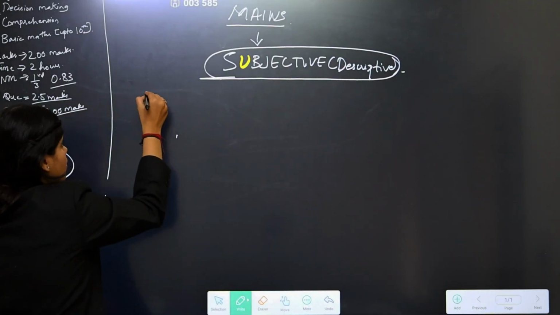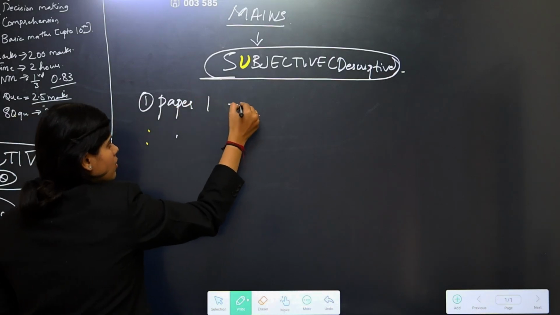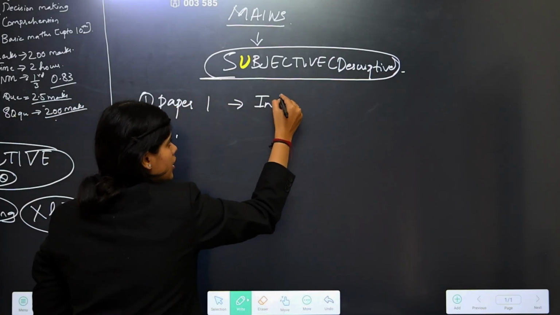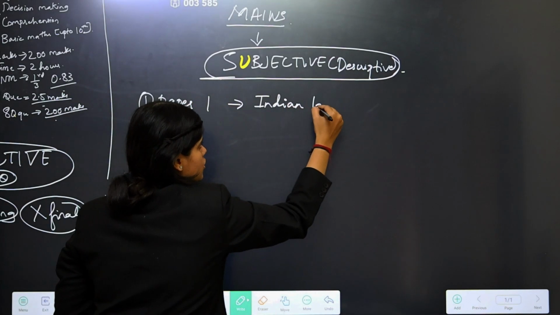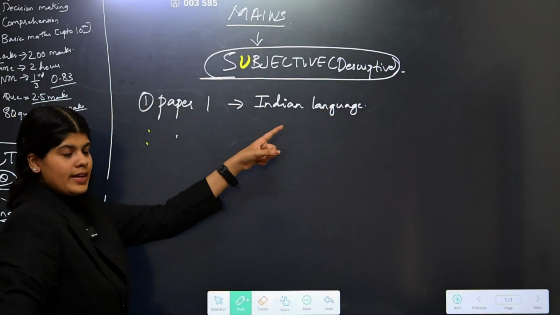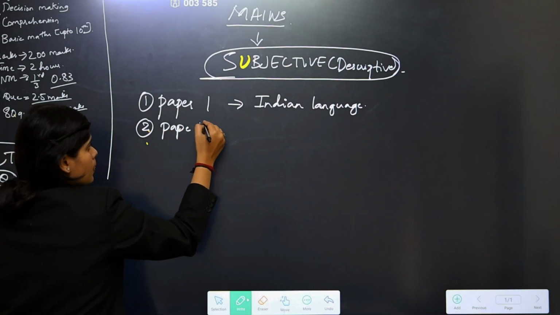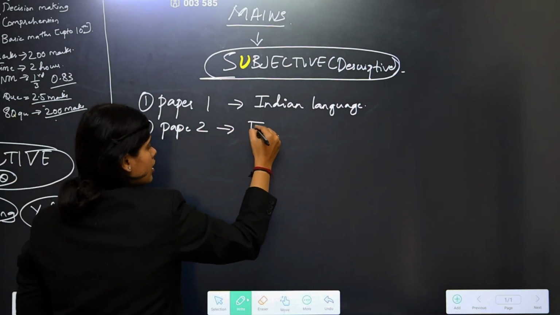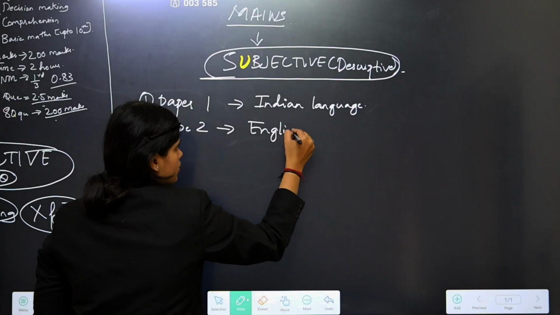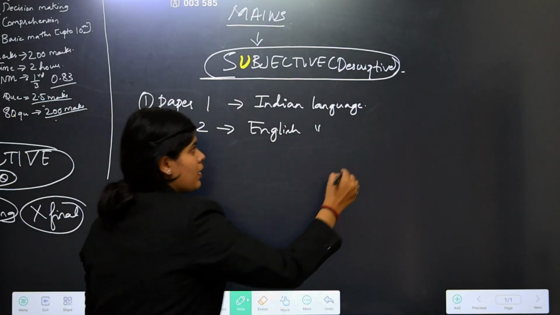Your paper 1 is going to be Indian language. Paper 2 is going to be your English language.